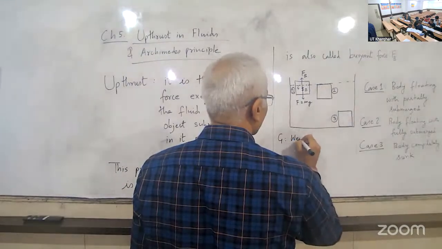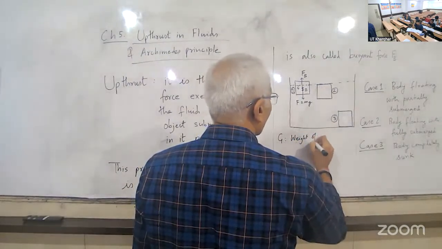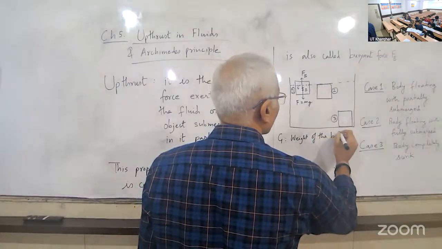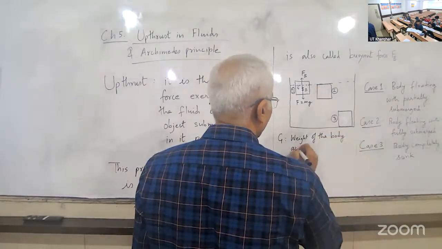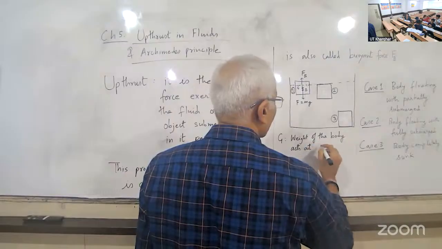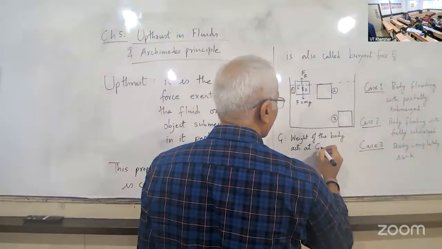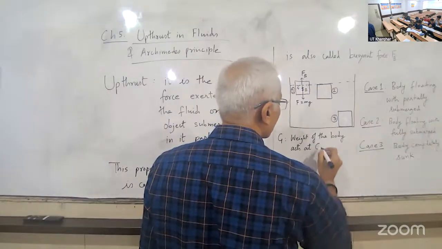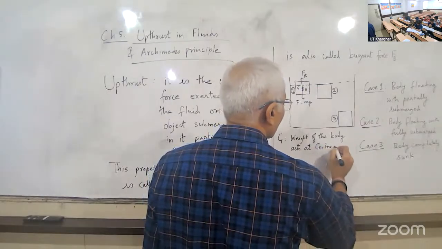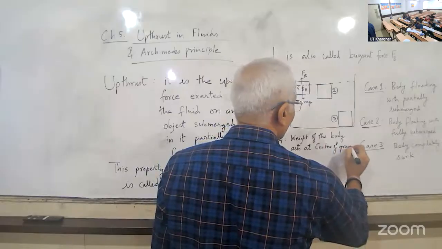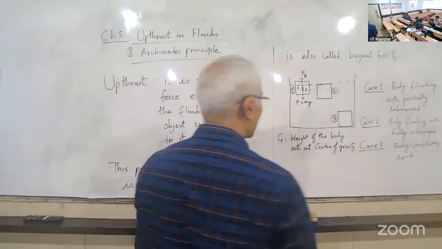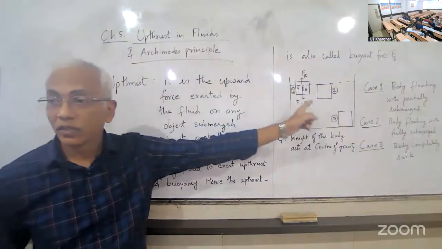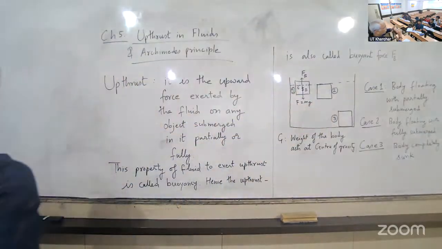Weight of the body acts at the center of gravity, CG. G is the geometric center of the body.